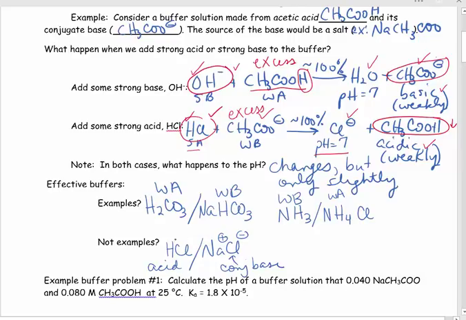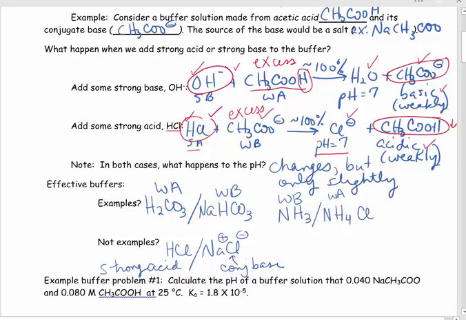As soon as we put HCl into water, it's going to give away its protons and make Cl-. So there won't be any HCl sitting around waiting to soak up any excess acid that's added. Okay, so this does not work as a buffer because it's a strong acid with its conjugate base.